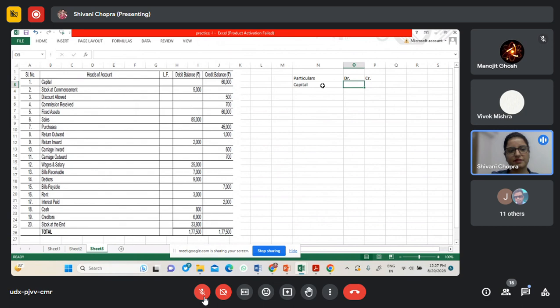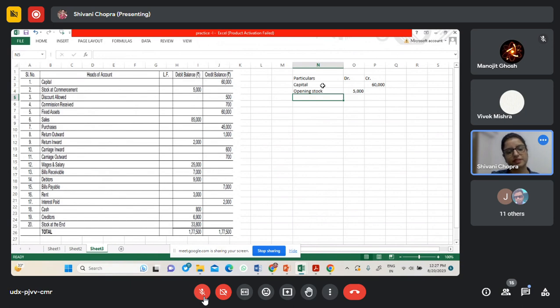What balance will have capital? Credit balance, right? Then you have stock, opening stock. You will write 5,000. Stock at the end is also given. Stock in the opening is 5,000. Stock in the end is 33,800.